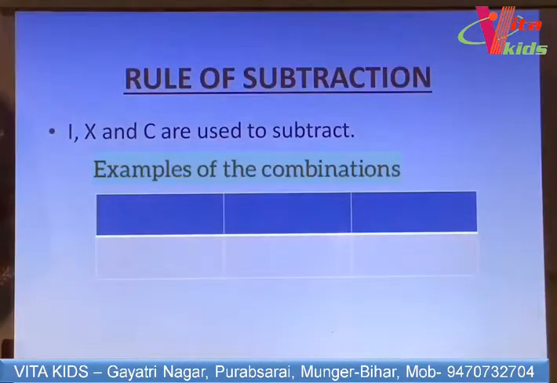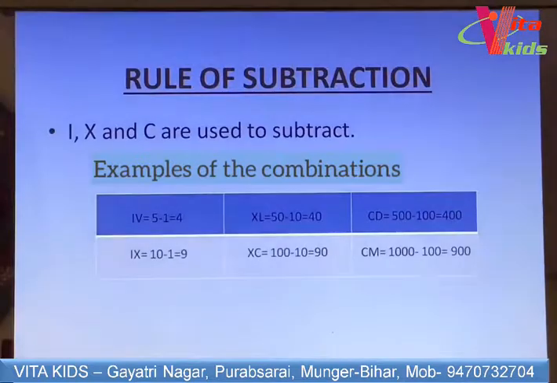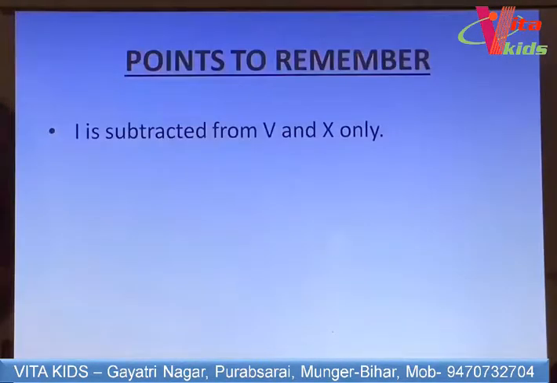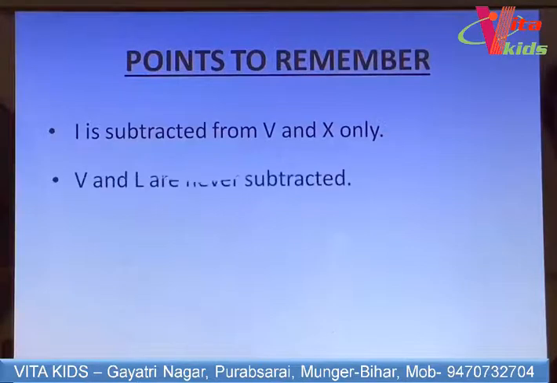I, X and C are used to subtract. These are just 6 combinations. Points that you have to remember. I is subtracted from V and X only. Second point, V and L are never subtracted.